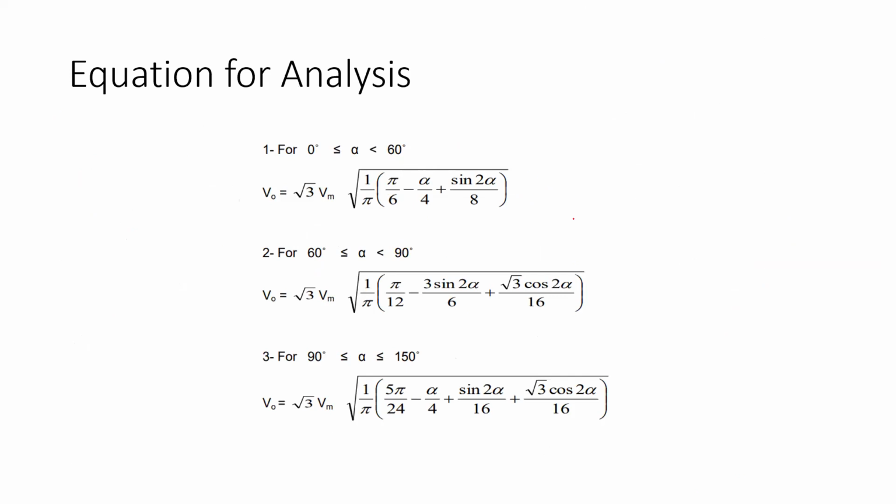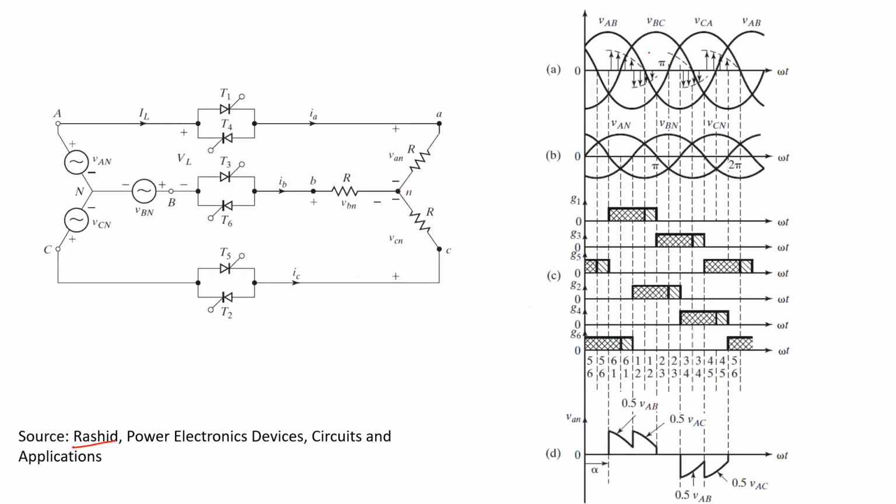Depending on the alpha I have given, or you are going to find, the equation you are going to use will differ. So please remember that. Okay. We'll see how the voltage waveforms are going to build up across these phases.